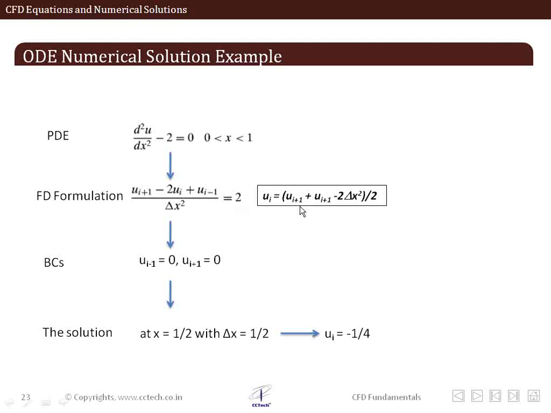So in this expression for u i, we apply the boundary conditions of u i plus 1 and u i minus 1, and we apply the value of delta x. Because the region between 0 and 1 has been divided into two parts, delta x is half, and in that case we have u i equal to minus 1 upon 4 according to this equation that you see here. That's a finite difference formulation.